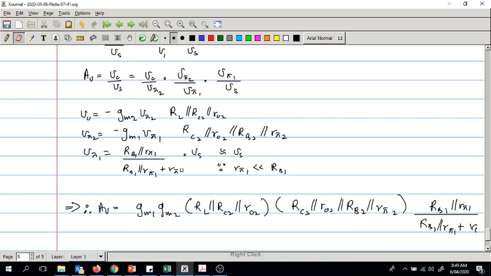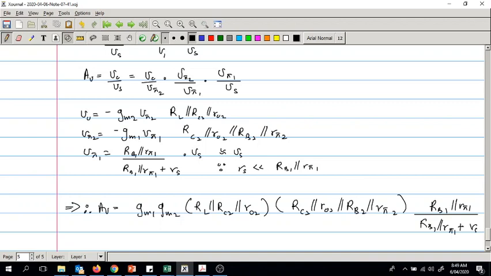Here I made a mistake, this is Rs. Rs is much smaller compared with RB1 parallel r pi 1. You can keep it if you want to.